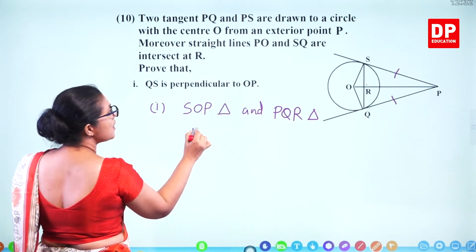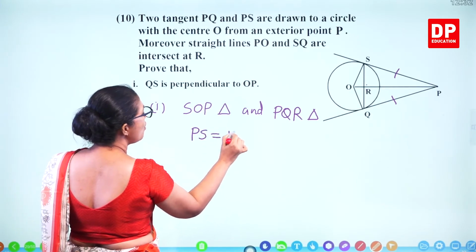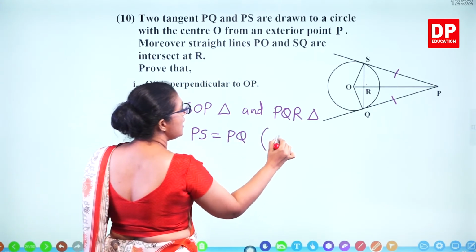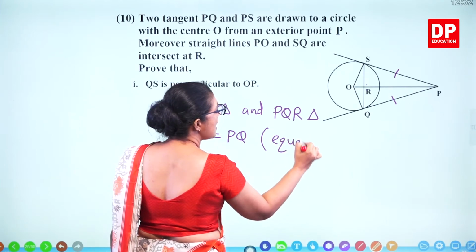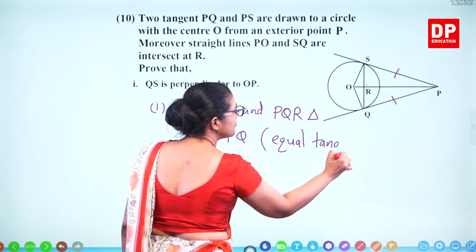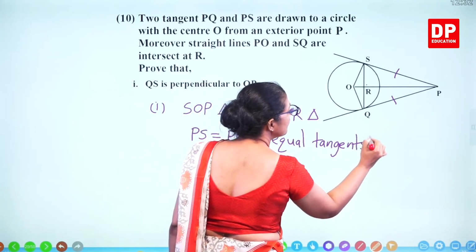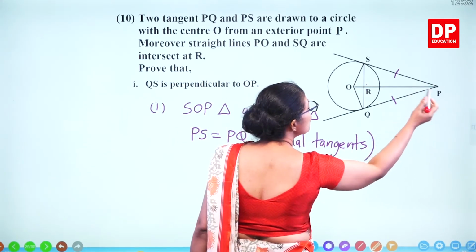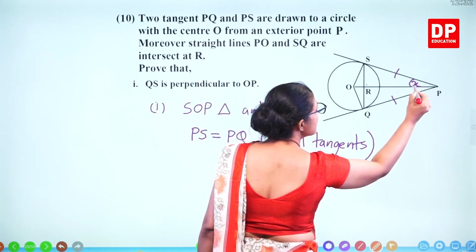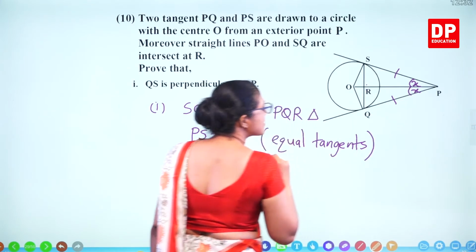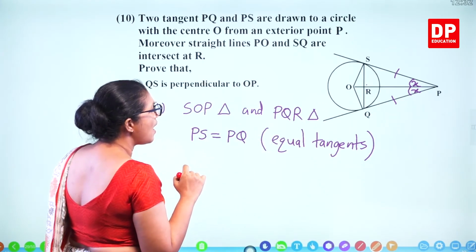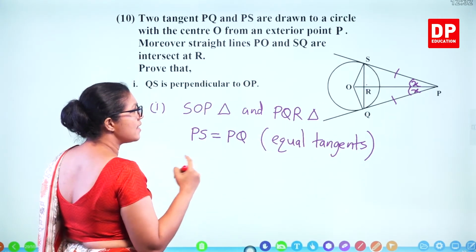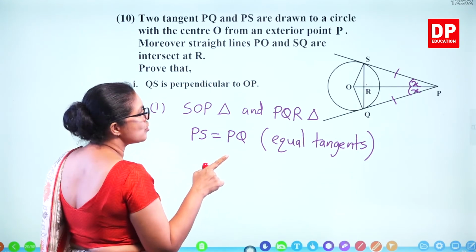So we can write PS is equal to PQ, equal tangents. Then the angle is also bisected. If this is X, this is X. Angles are bisected by OP, between the two tangents.